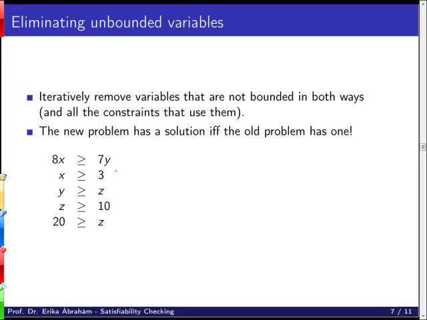Upper one and lower one. Two upper ones. Two lower ones. Yeah, x is larger than something, so I have two lower bounds on x and no upper bounds. So what does it mean? How can I eliminate x now? The case gets simpler.